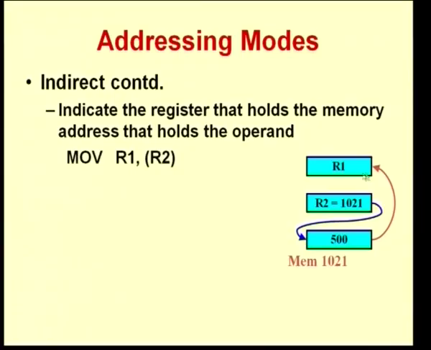Now, when you say direct addressing mode, obviously there is something called indirect addressing mode. Let us look at what that is. In indirect addressing, you specify a memory location which holds the address of the memory location that actually holds the data. Let me understand this with an example. Let us say I have an address register 101, the address that I am specifying.